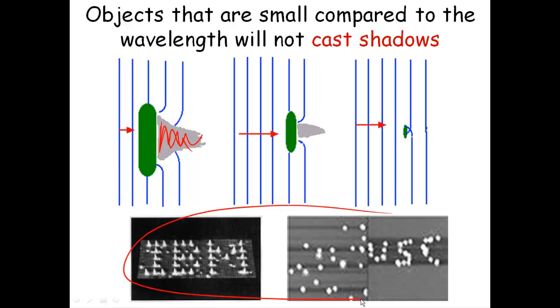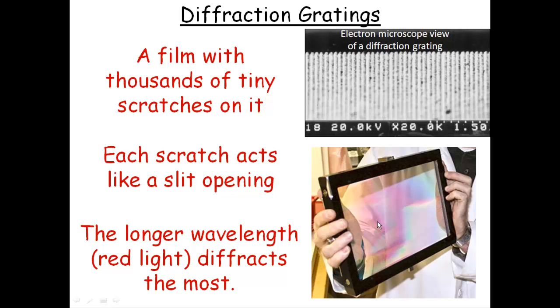Down below, you can see examples where scientists have manipulated atoms to spell out words. For example, they took atoms here and spelled out the letters IBM. Not to be outdone, USC, University of South Carolina, did the same. Diffraction gratings use this idea because the openings are very, very small.